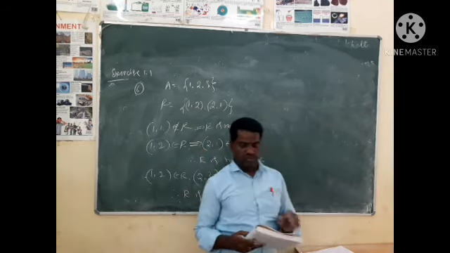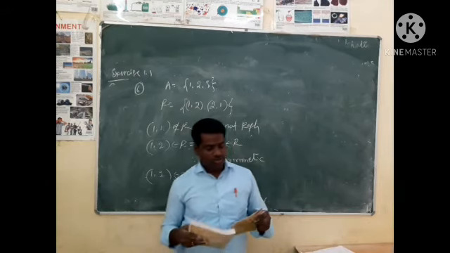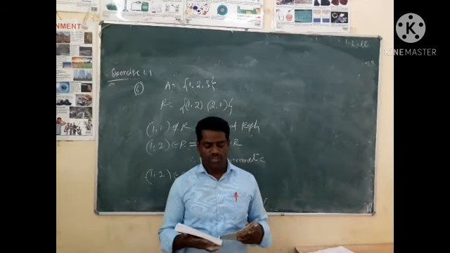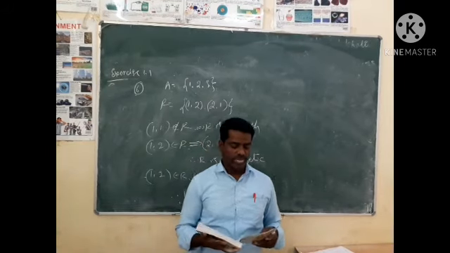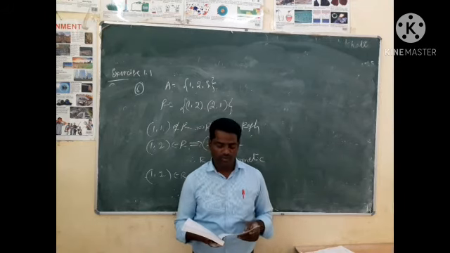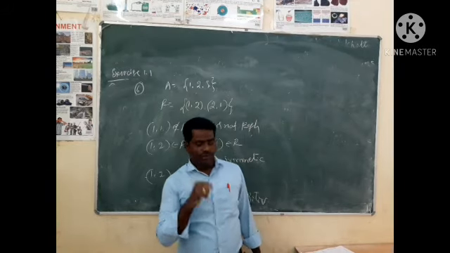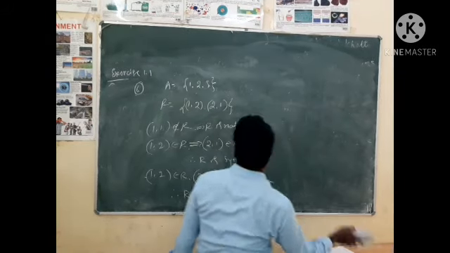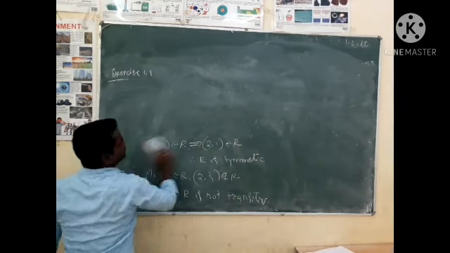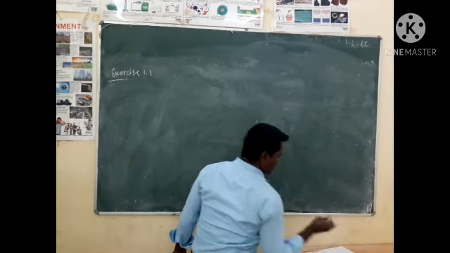Now we'll go for the next, seventh question. Show that the relation R in the set A of all the books in the library of a college, given by R equal to {(x, y): x and y have the same number of pages}. Here you should remember, I will give you one trick for whether the given relation is symmetric, transitive or reflexive.